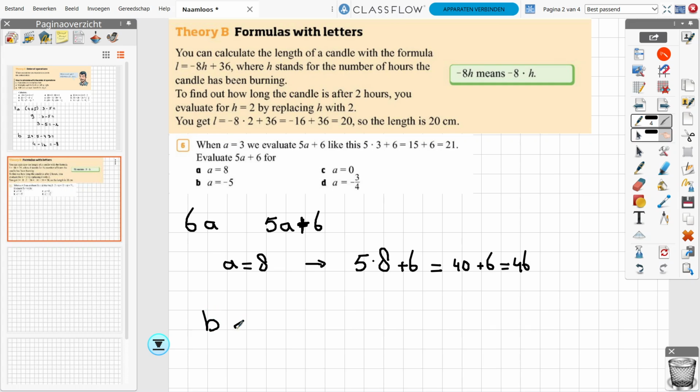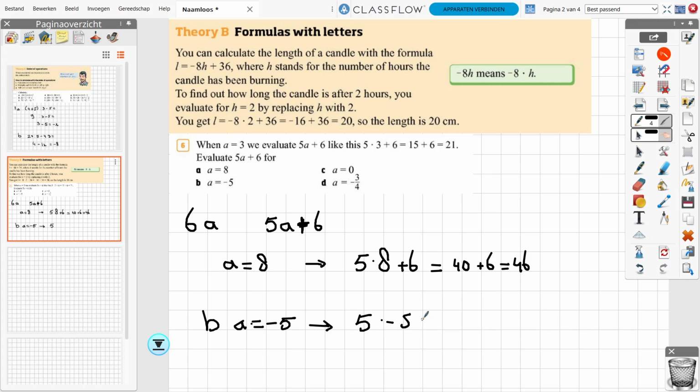And here you just see me doing it from left to right, just as I said previously. Is my a a negative number, for example minus 5? Don't you worry, the same things apply. We take our thing, 5a plus 6. The 5 is still there. Now the a changes, that's seriously not a multiplication sign, changes into minus 5. So 5 times minus 5.